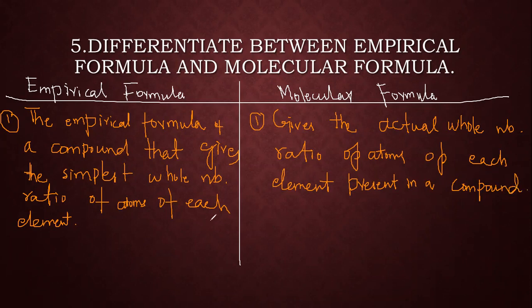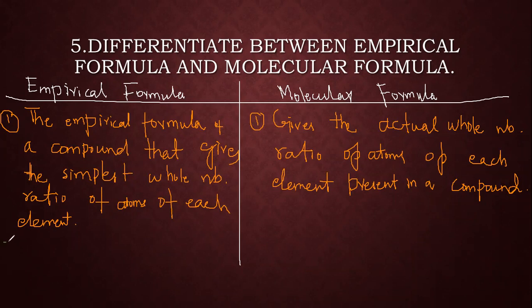So this is the general definition. A formula which represents the simplest whole number ratio of a compound is the empirical formula, while the formula which gives the actual number of atoms present in a compound is the molecular formula.